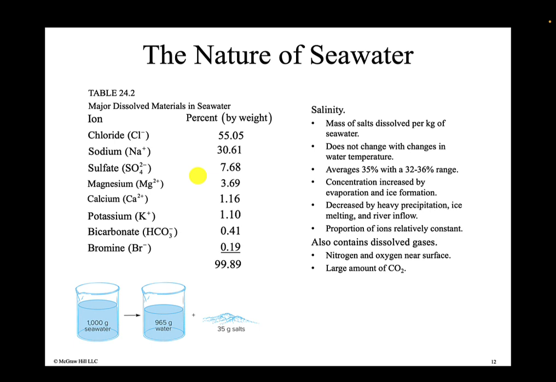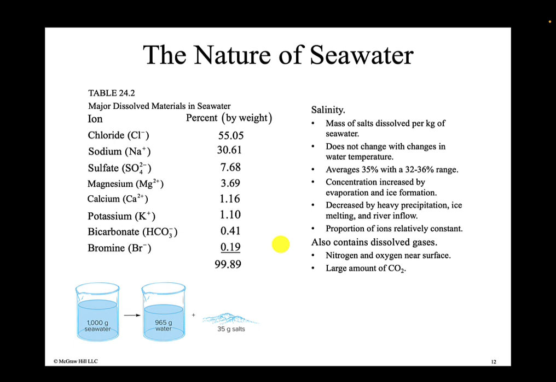Okay, the density of the water is about 1 gram per cubic centimeter, so 1 gram per ml. So here you would expect, for instance, that salinity is a percentage of the salt in that whole gram of water.